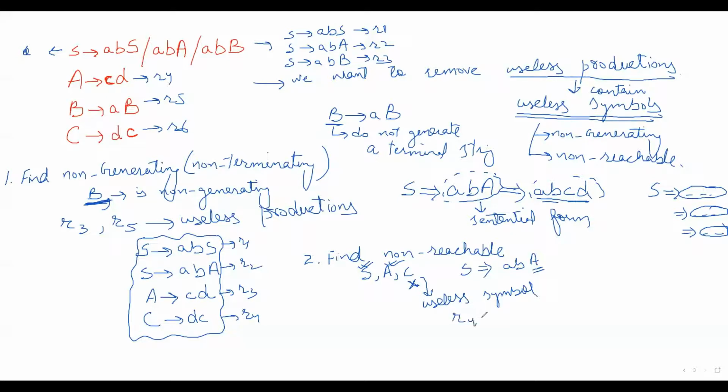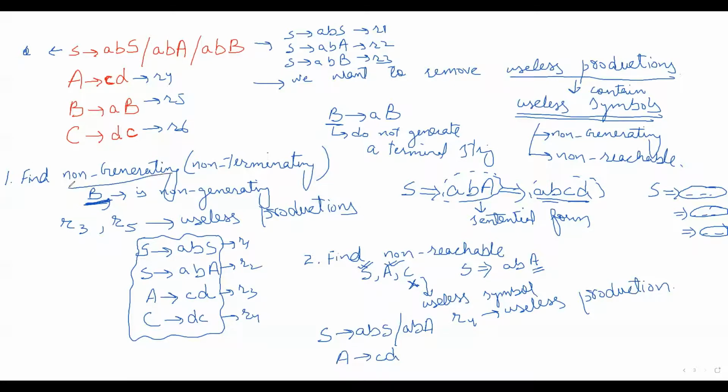Production R4, so this production will be a useless production, and we have to remove it. After removing this production, what will be our grammar? The grammar will be ABS, ABA, and ACD. So we have removed the useless productions.